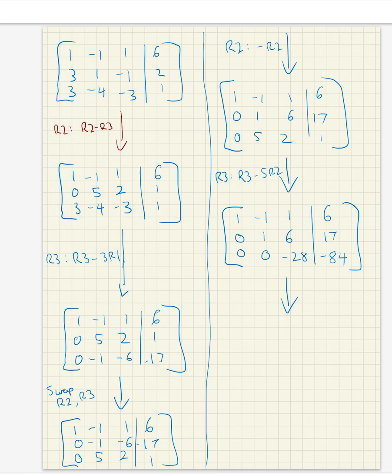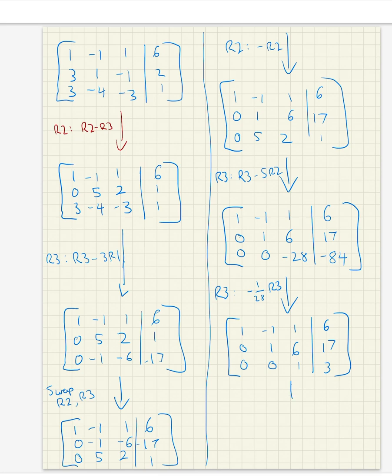So if I divide by -28, so to R3, I'm basically timesing it by -1 on 28. And that will then give me this. Okay, and so things are starting to look a whole lot nicer right now. So I'm getting closer.